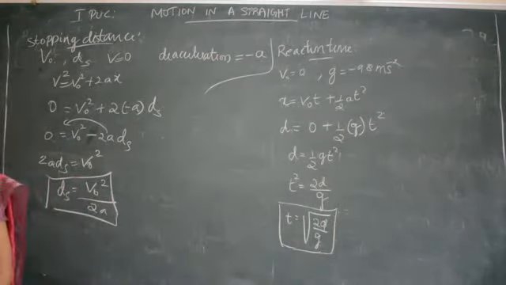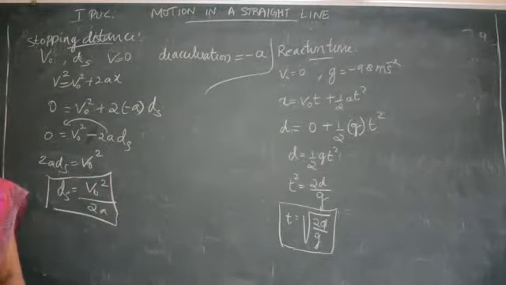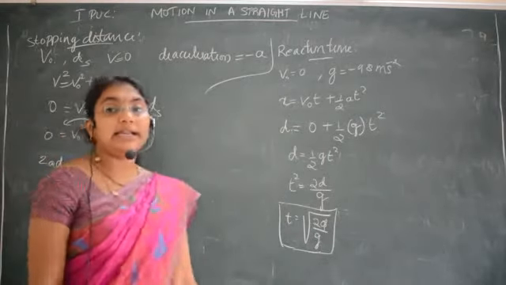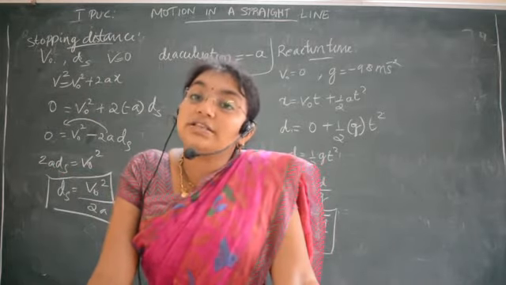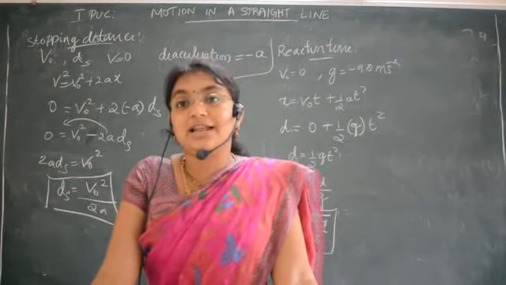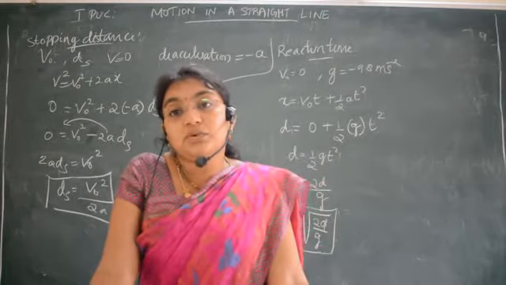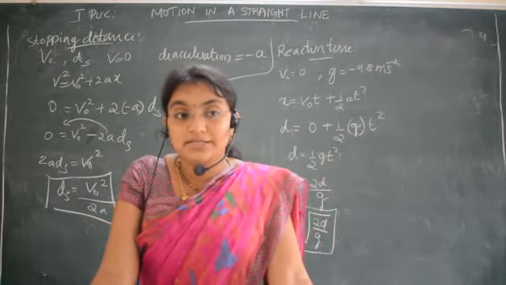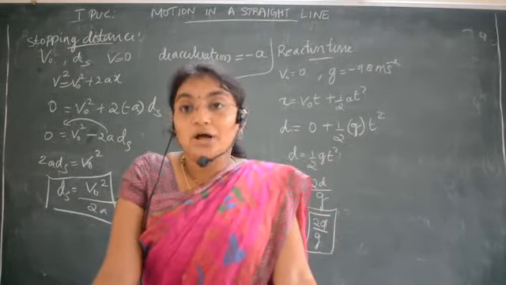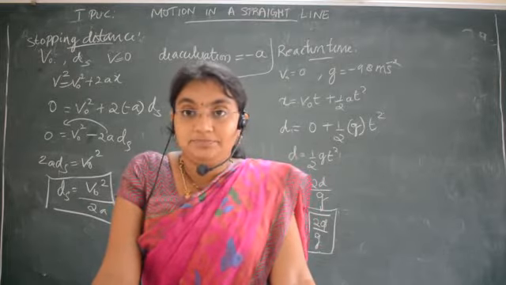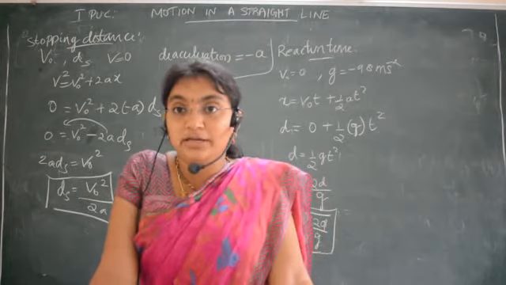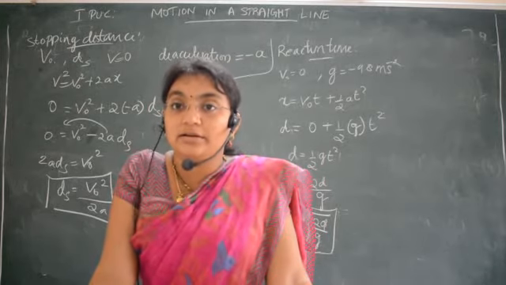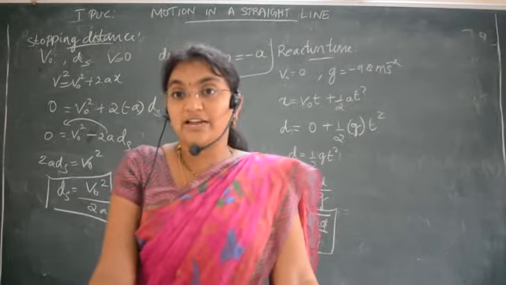Next, relative velocity. What do you mean by relative velocity? Relative velocity means velocity of one object with respect to another object. Suppose you are moving in a vehicle, okay, and myself standing outside. Then for me, you are moving, I am at rest, you are moving in a vehicle.